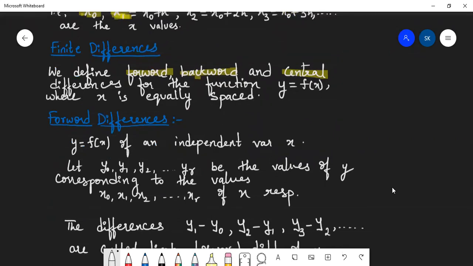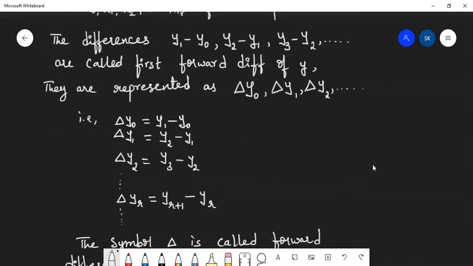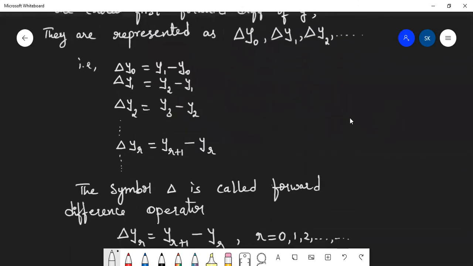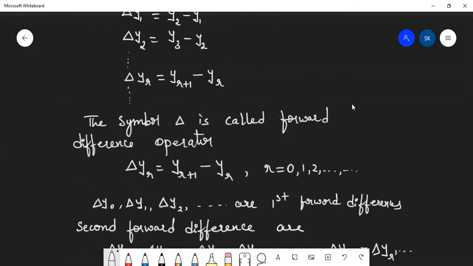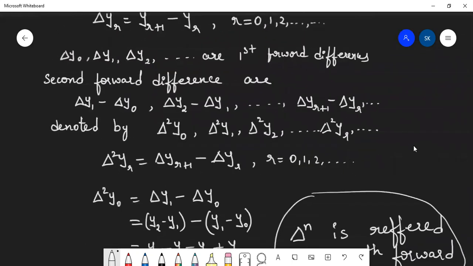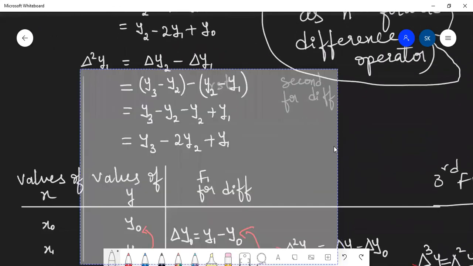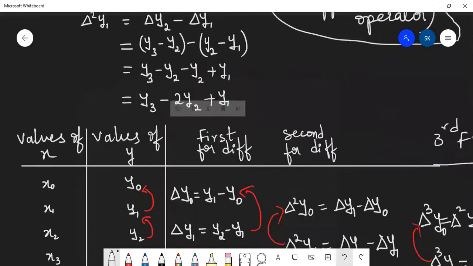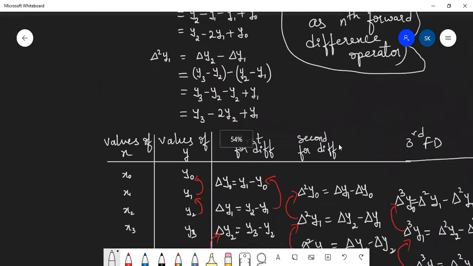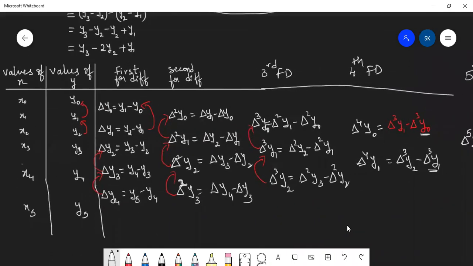We have seen what forward difference is: first forward difference, second, third, and so on. Delta power n is referred to as the nth forward difference operator. Then we have seen how to arrange the forward differences in a table. This is the table.